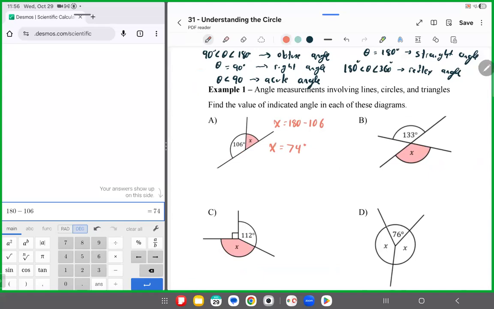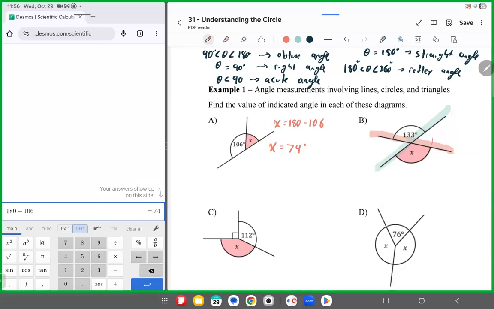Well, I notice that, and keep in mind, we've got two intersecting lines where the obtuse angle given is 133 degrees, and we want to figure out the other obtuse angle. If you notice here, we have two lines that just intersect at a point. But say this red line here has an angle measure of 180.